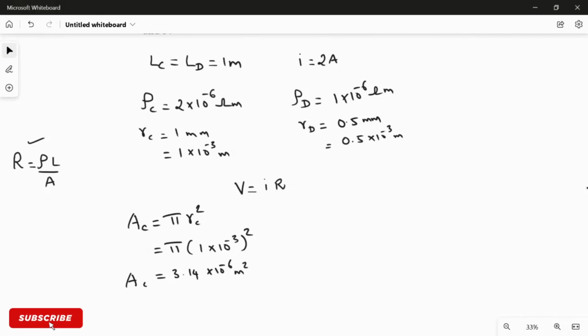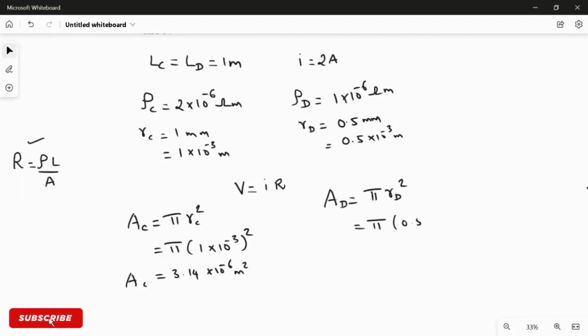Likewise, I'm going to find the area of wire D by using the radius of wire D. So area of wire D is equal to pi RD square. The pi value is 3.14, but the radius of wire D is 0.5 millimeter, so I have to use the value of the radius in terms of meter.